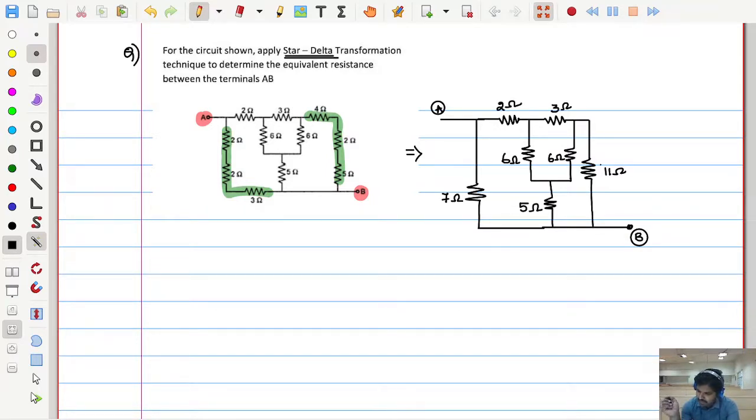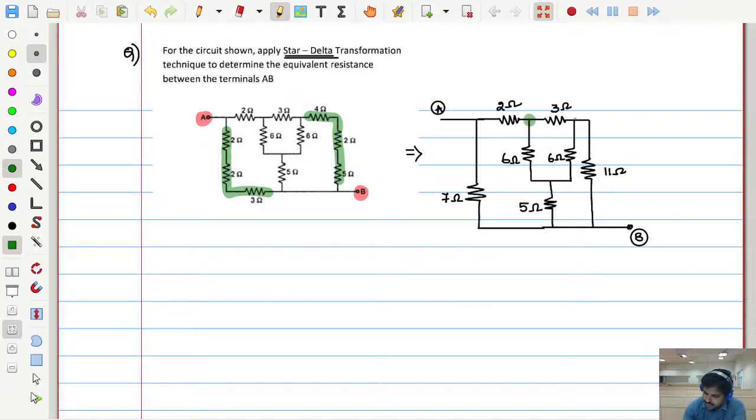Is there any element which is in series or parallel? Sir, 7 ohms and 5 ohms are. No, sir. No, no. Carefully observe. Take your own time, no issue. So what I will do is that, just here, you can cross verify later on also.